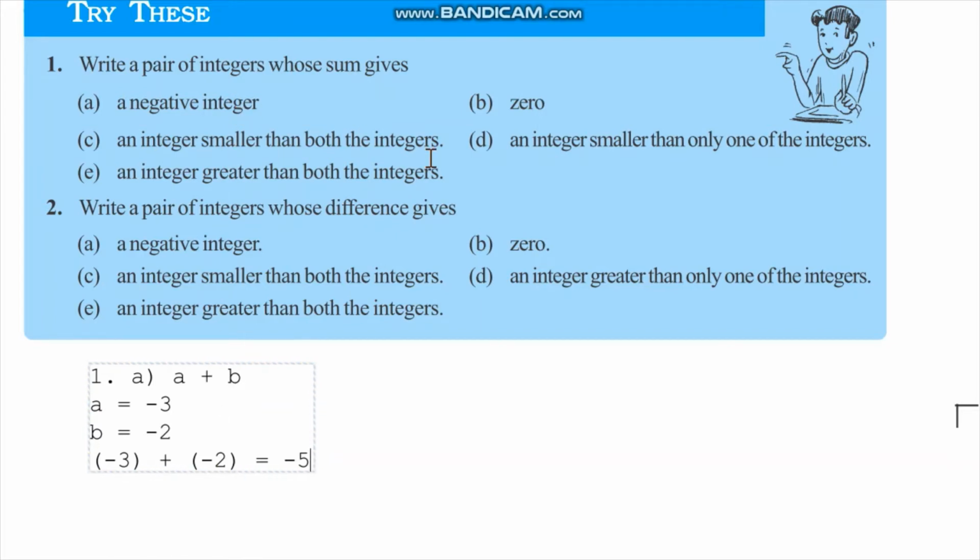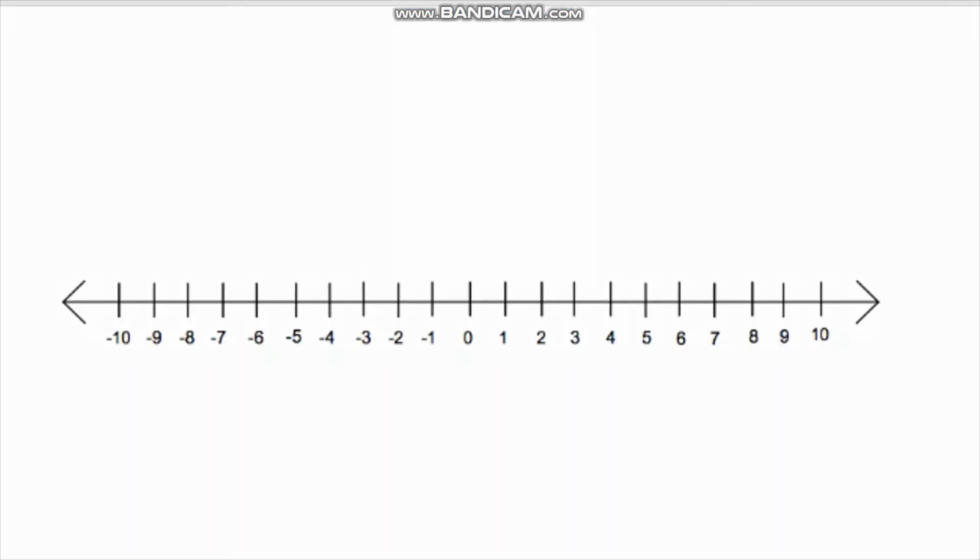To solve this, let us refer to our number line. We know that in our number line, as you keep moving to the left, the value of the numbers keeps on decreasing. So the more left you move, the smaller the numbers get. The question is, you need to find two integers whose sum will give you a smaller integer. How can you get a smaller integer when you're adding two integers?